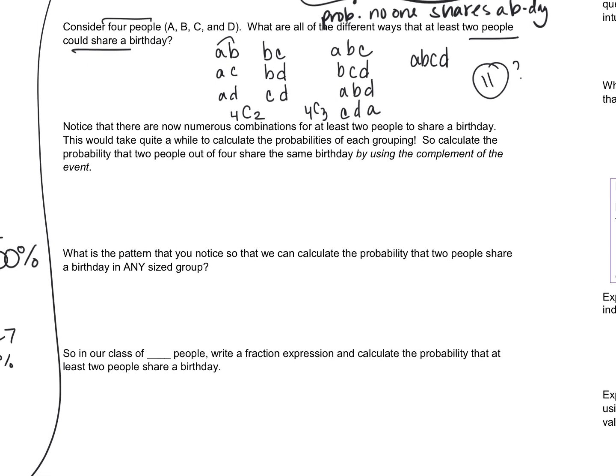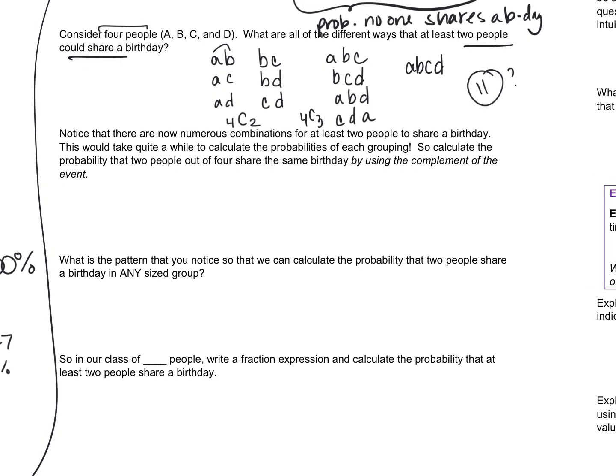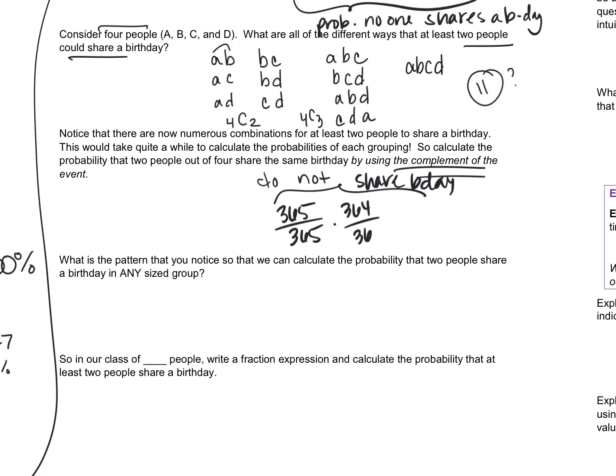So let's calculate the probability that 2 people out of 4 share the same birthday by using the complement. Remember, if they do not share the same birthday, the first person can have any of 365 days for their birthday. Then the next one would have to be counting down, 364, then 363, then 362.